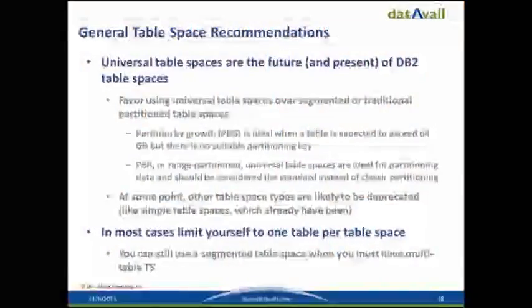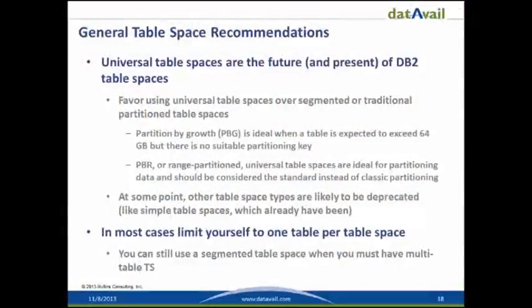But let's talk a little bit about some general table space recommendations. Universal table spaces are the way you should be going for your new DB2 table spaces. Should favor them over segmented and traditional partitioned. Remember, simple has been deprecated, no longer supported.